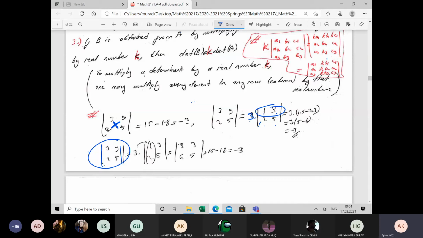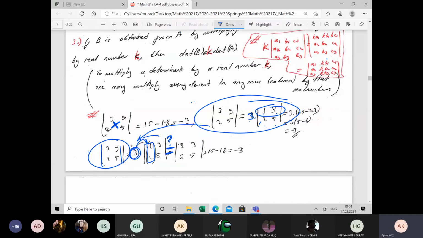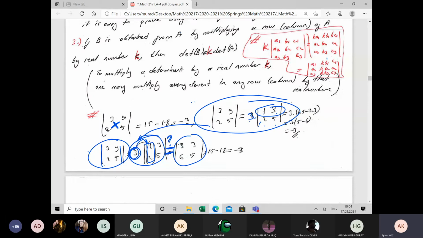Take this scalar and multiply any column or row by it, and we obtain the same result. Let's check: multiplying 3, 3, 6, 3, 5, this determinant is 15 minus 18, and we obtain minus 3. Yes, it's true.